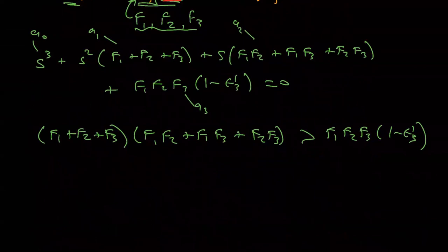Now, the next thing we can do is divide both sides by F1 F2 F3. And when that happens and you multiply out, you get something like this.